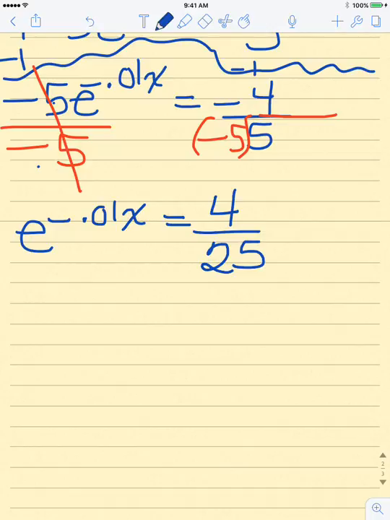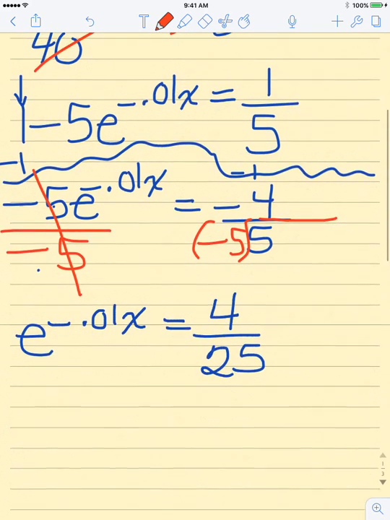Now I need to get rid of this e. What cancels e out? The natural log. So remember, the natural log is really log base e. So if I natural log this side so I can get to the x, I have to natural log the other side. Still, algebra rules apply. What you do to one side, you have to do to the other.